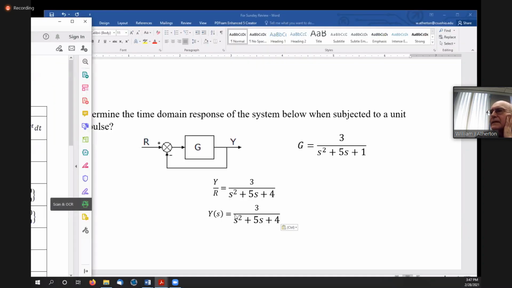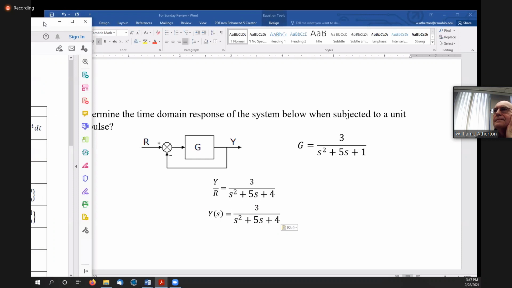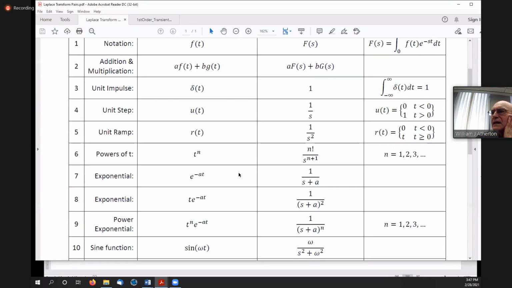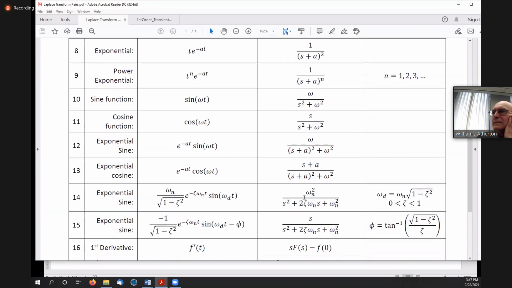We look at the denominator, we see it's second order. It's got a constant in the numerator. Looks like this. That denominator matches with this. How can I show that?